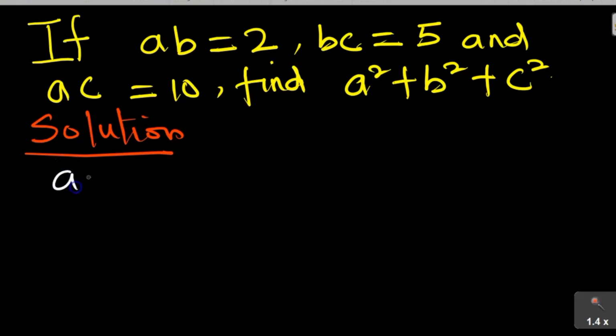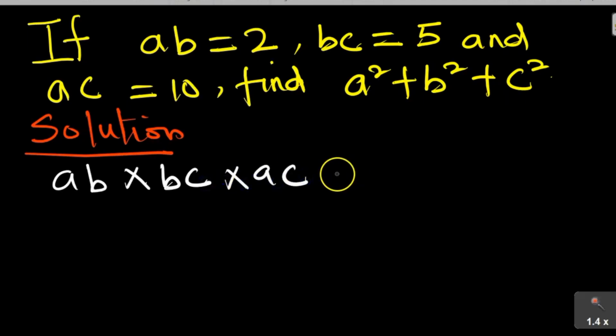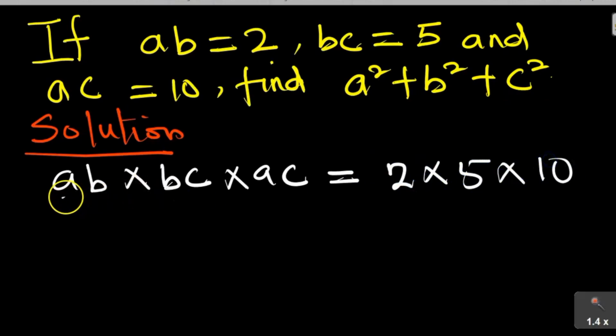Now let's multiply AB by BC by AC. What do we get? We get 2 times 5 times 10. Now this A times this A is A².